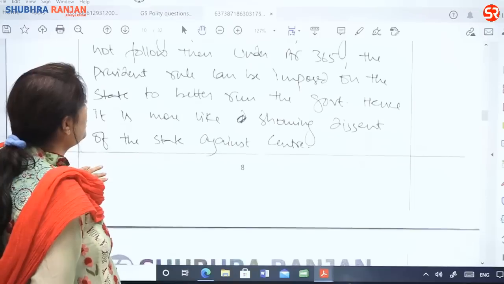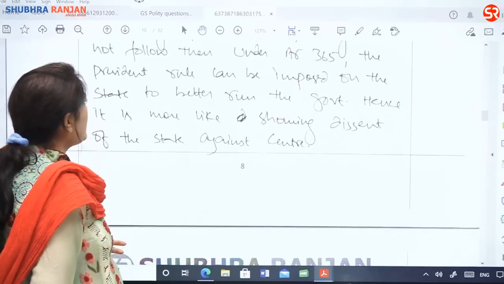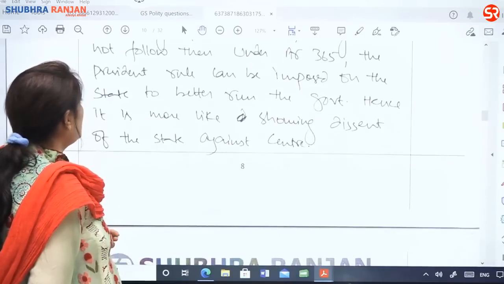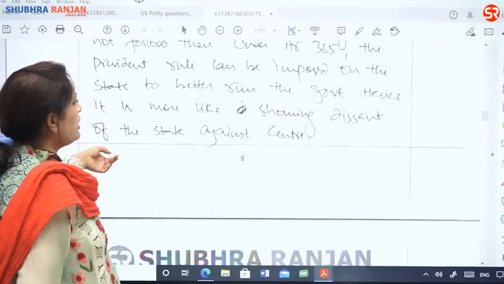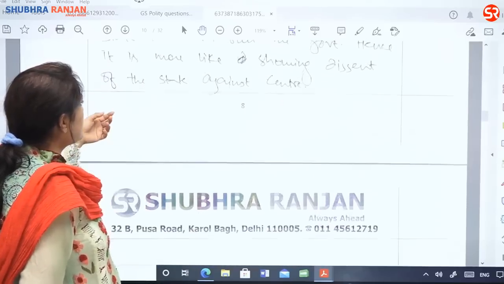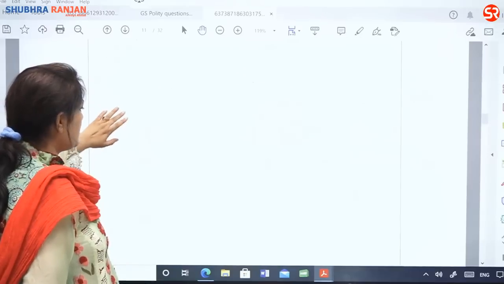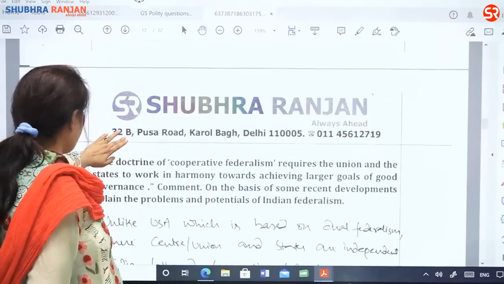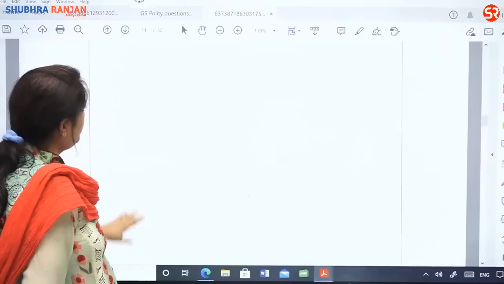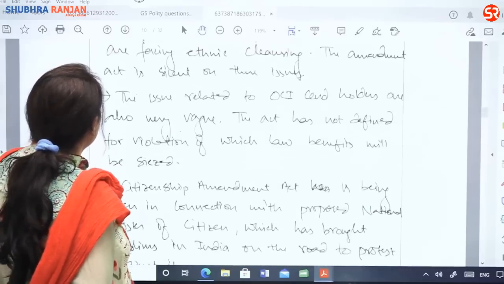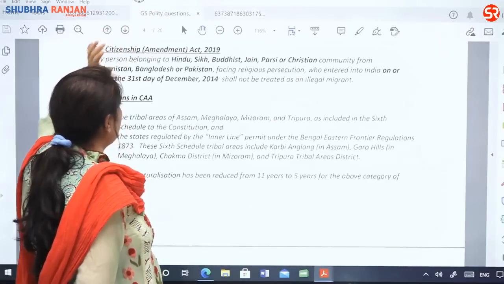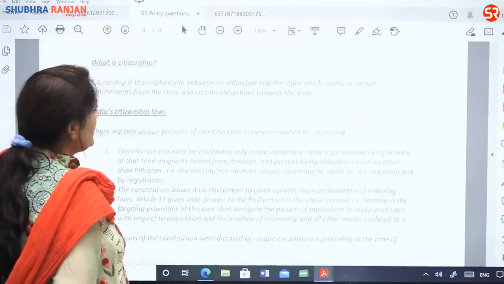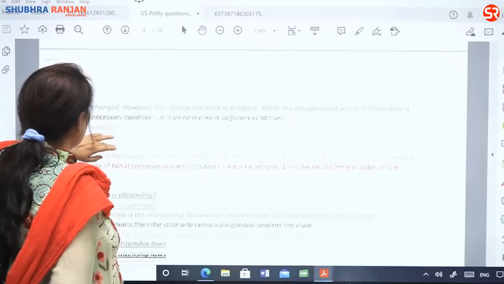If they will not follow, then under Article 365, President's rule can be imposed. Hence, it is more like showing dissent of the state against the center. Fine. So now let us see what could have been the approach. Fine, that answer is reasonably good.